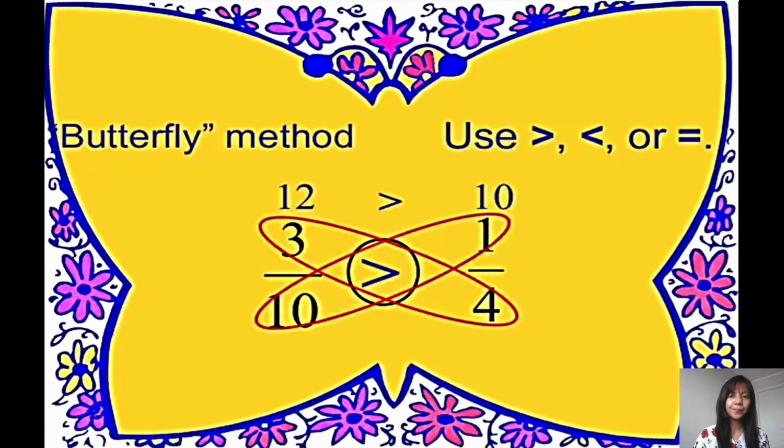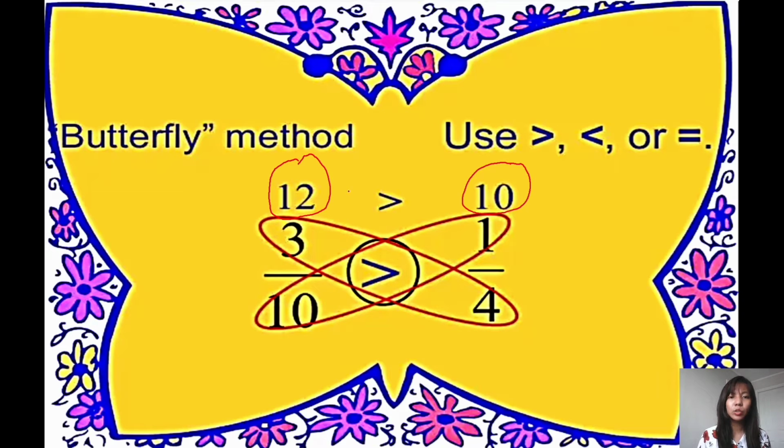So another example here, butterfly method. You can also draw the cross. So 3 times 4, 12, right? And then 10 times 1, it's 10.